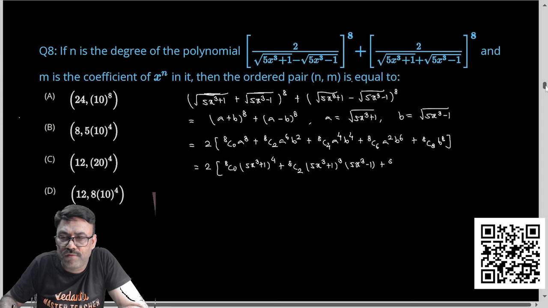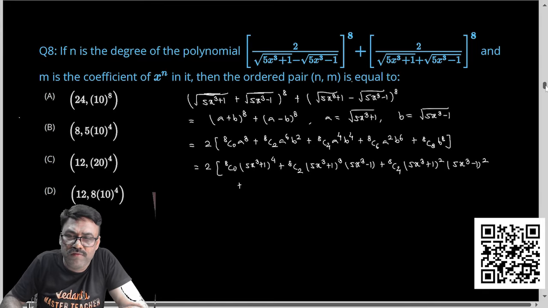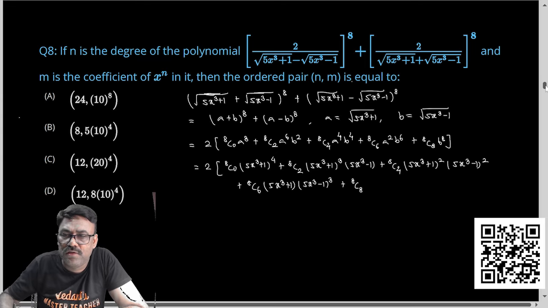Then 8c4 a4 is what? 5x cube plus 1 whole square, and b4 5x cube minus 1 whole square. Then 8c6 a square 5x cube plus 1, b6 5x cube minus 1 whole cube, and finally it is 8c8 b raised to 8, means 5x cube minus 1 whole raised to 4.